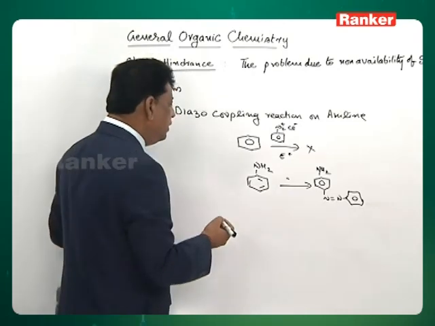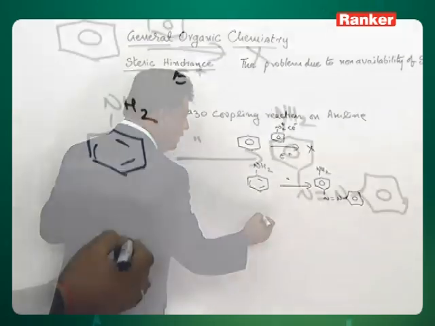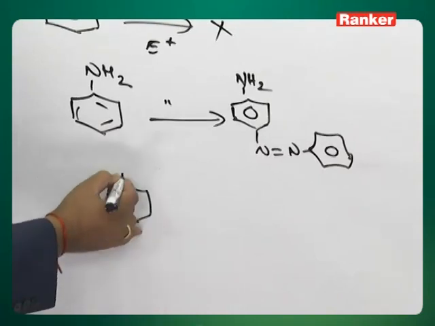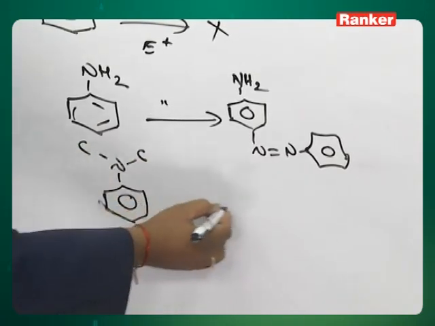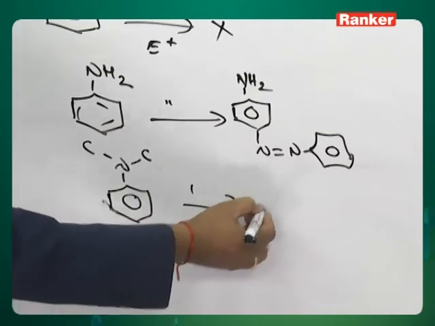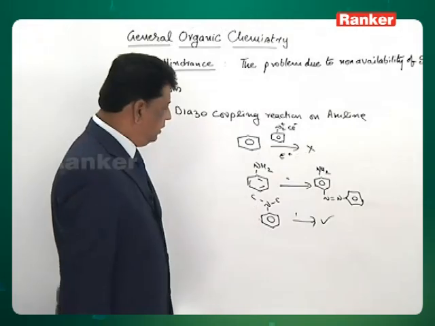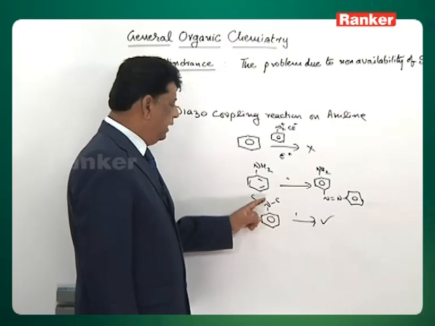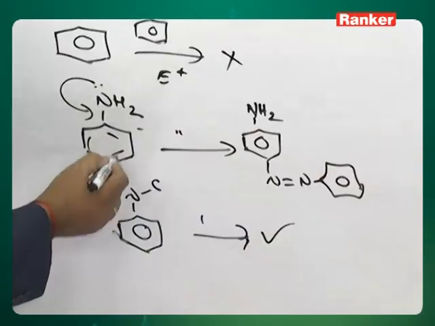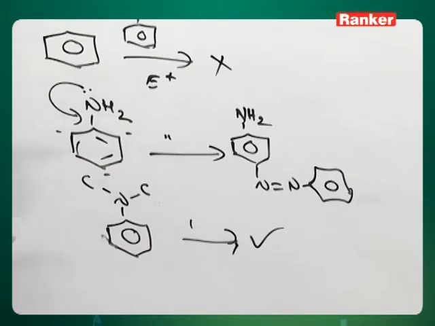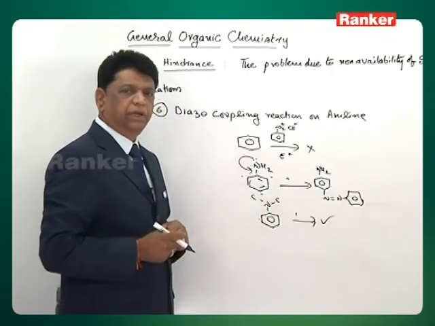However, let us take a slight extension. The amino group has two methyl groups. Then what happens? Then also the reaction takes place wonderfully, because the lone pair is activating, to give ortho, para, ortho minus. These methyls will not have any problem.